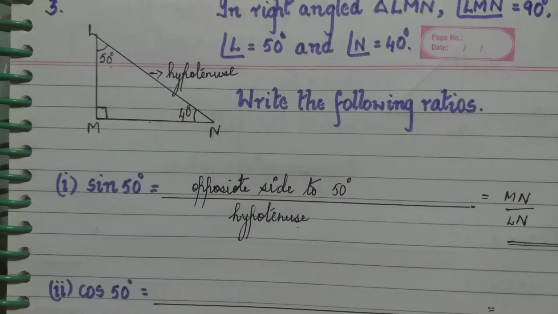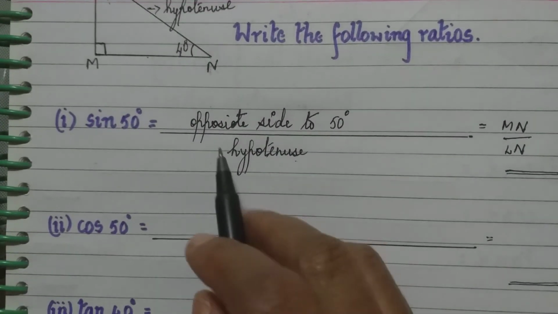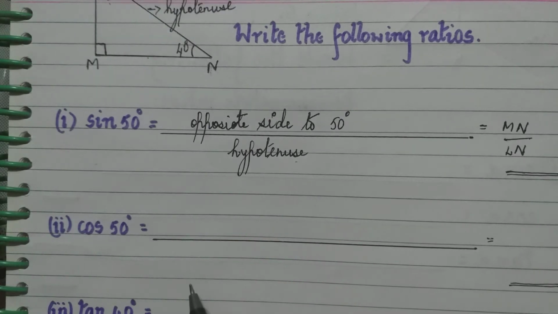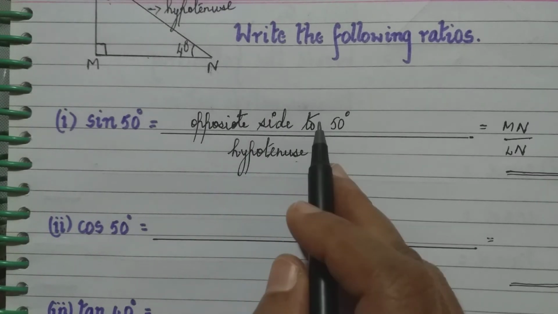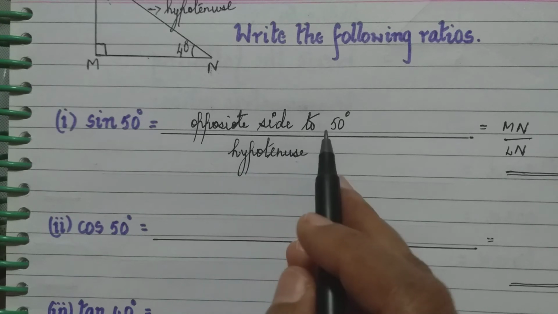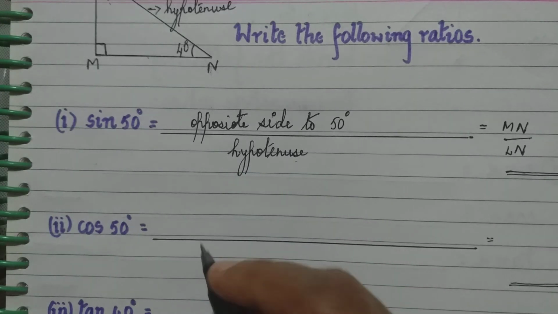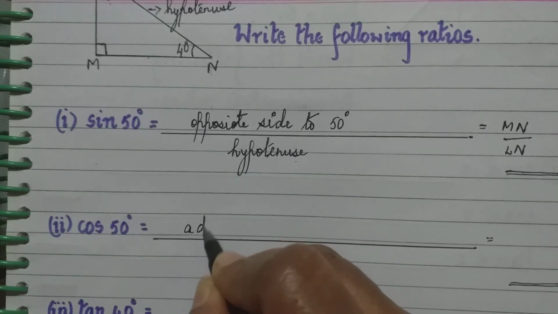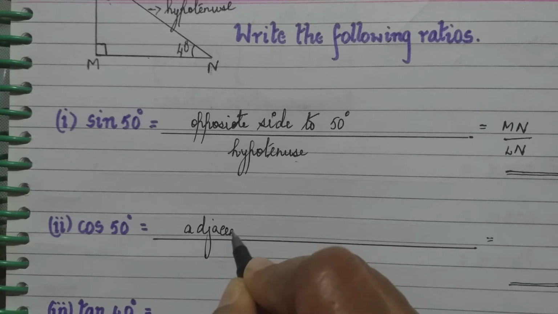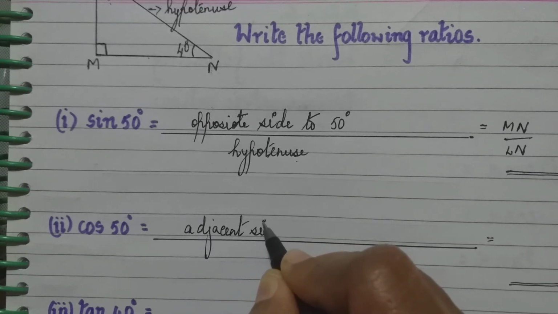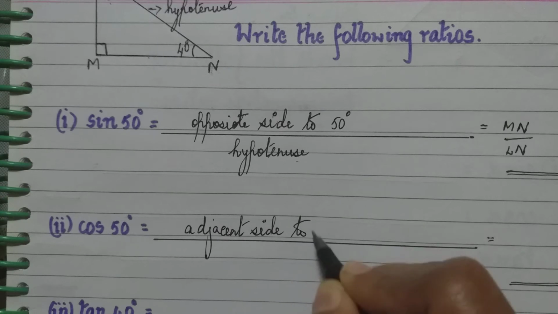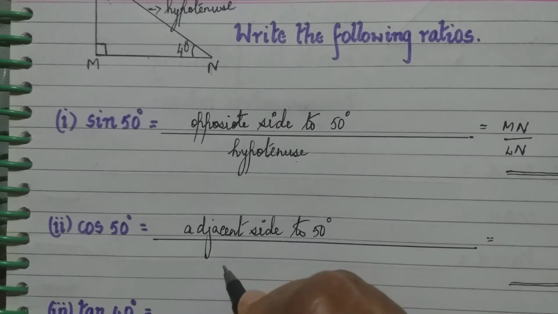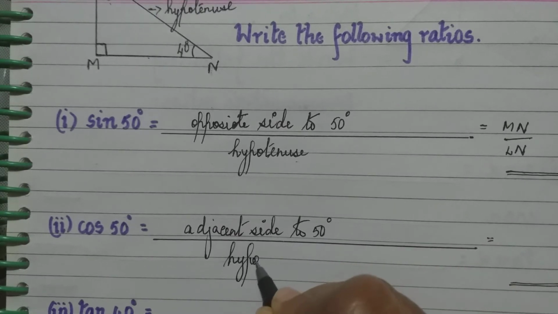Now coming to cos 50 degrees. Cos is adjacent side upon hypotenuse. So when we write here, what will we write? Adjacent side to 50 degrees upon hypotenuse. So we write here adjacent side to 50 degree upon the hypotenuse.